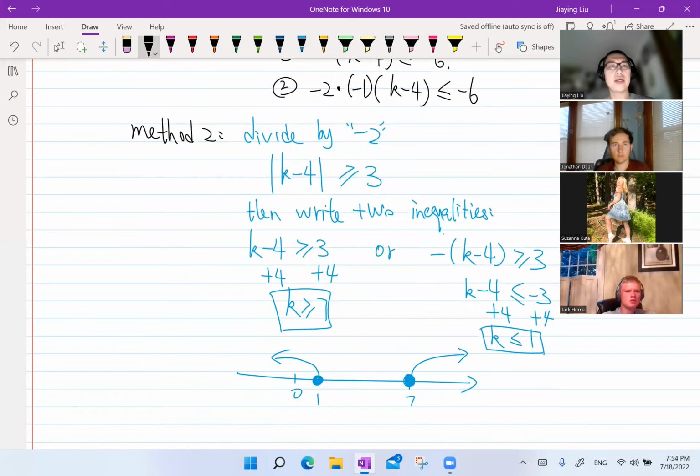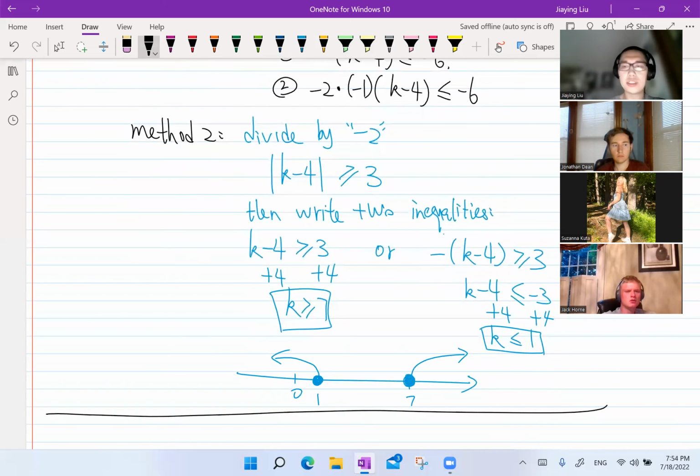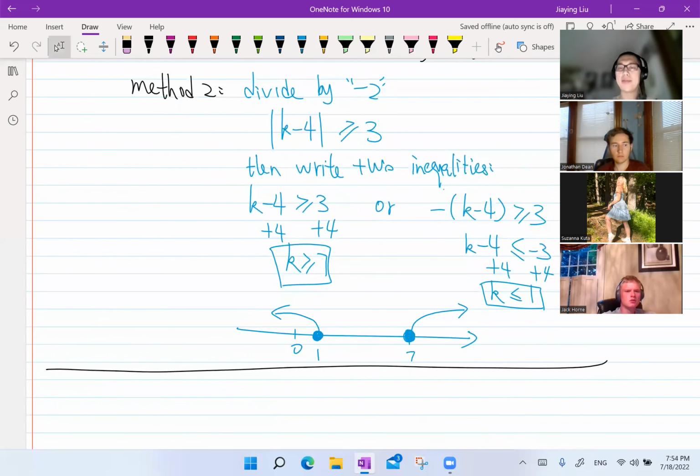So the last thing I'm going to talk about here is using absolute value expression to describe points that are within a certain distance of a number.